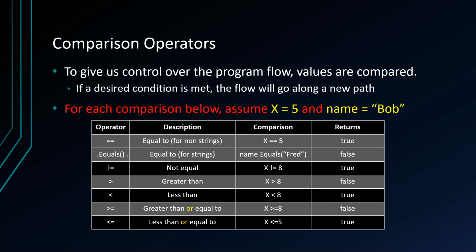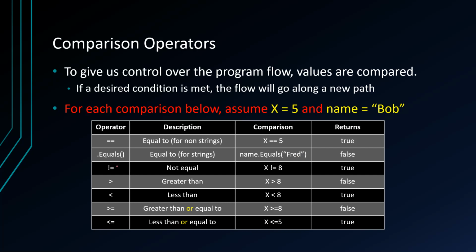When you use dot equals, it will compare the first variable against a value. It could be another variable, or it could be a straight value. So here we say, is name exactly equal to Fred? And well, no, name is Bob, so it fails. I could have just as easily put another variable in there as well. I could have said, is name exactly equal to name2? Right? Whatever value name2 holds.